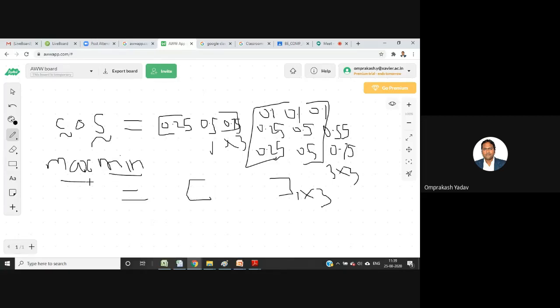If you compare 0.25 with 0.1, 0.1 is minimum; 0.5 and 0.25, 0.25 is minimum; 0.75 and 0.25, 0.25 is minimum. Now out of these three, which is the max value? The max value is 0.25. So I'm writing it over here.